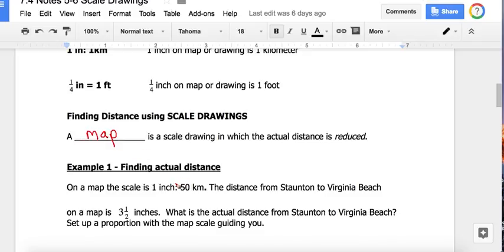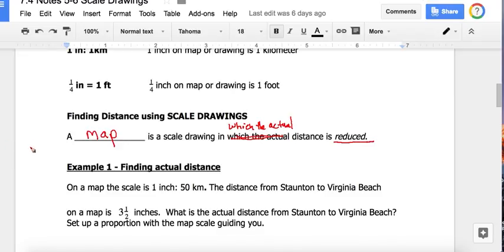A map is a scale drawing in which the actual distance is reduced. You'll have to cross out this part here, underline, and fill in the word "reduced." For whatever reason, it didn't print properly on your note sheet.